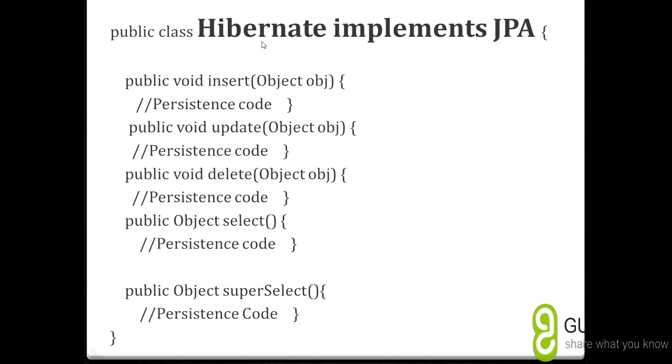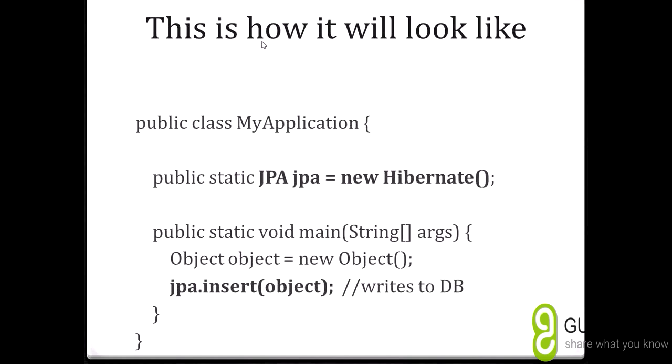So this is a typical Hibernate which implements the JPA interface. So here we have an additional method like super select. Actually it can be any name, okay. So this is how you need to use Hibernate first. First creating a JPA interface object and calling the functions inside it.